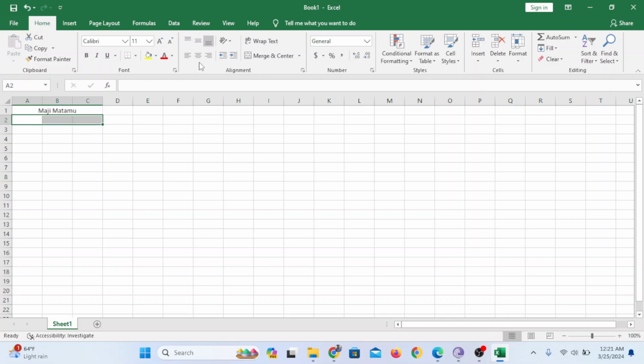The second column is the statement that we're preparing, that is manufacturing and statement of profit or loss.